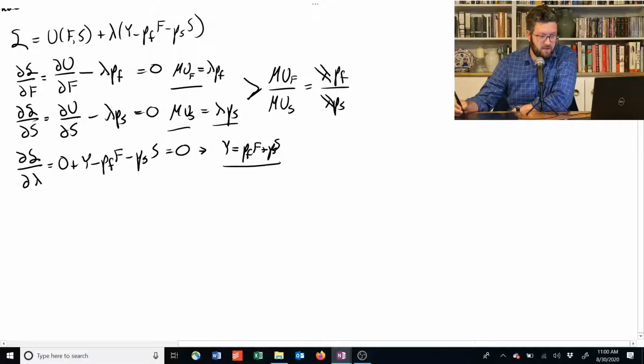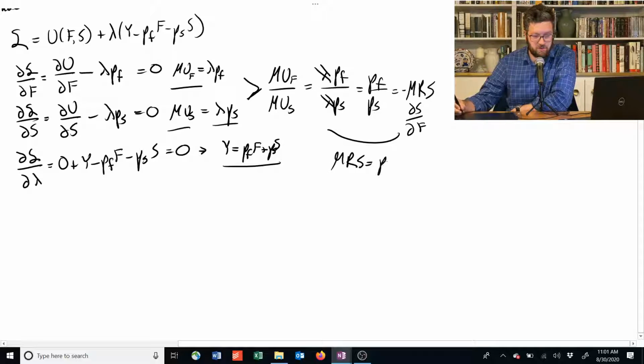These cancel out, and we have PF over PS. And this here is equal to the negative marginal rate of substitution when we do the partial derivative of S with respect to F. Okay? What we've done here is we've said the marginal rate of substitution is equal to the price ratio.